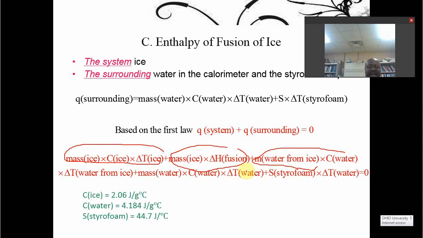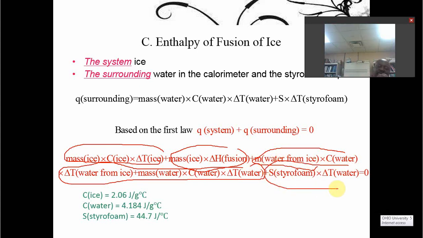Here is Q surrounding. And here is the correction term. So when we've done the experiment, we'll know everything except that one. It's an equation equal to 0, so we can solve it for the enthalpy of fusion.